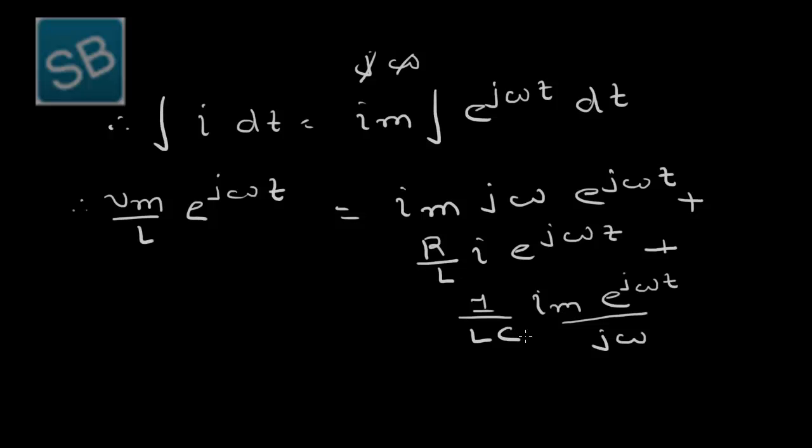Simplifying this equation further, we end with the answer in this way. From the left hand side, I am taking Im as common. From the first term, I will get j omega. In the second term, I will get R over L, and in the third term, I will get 1 over j omega LC.